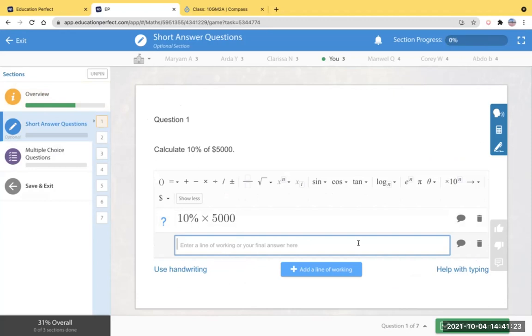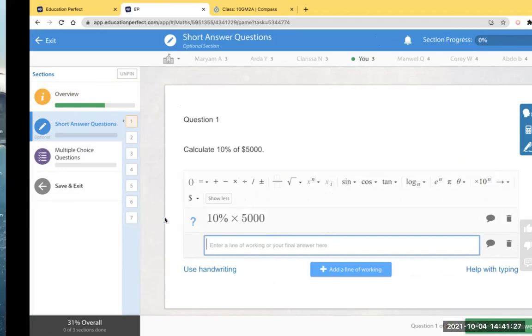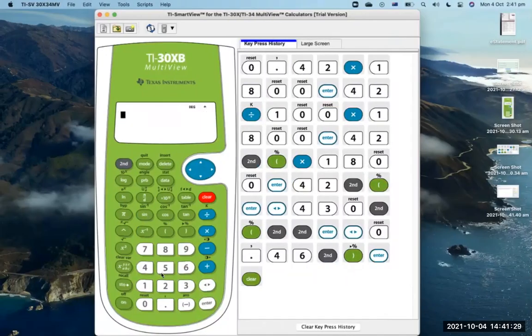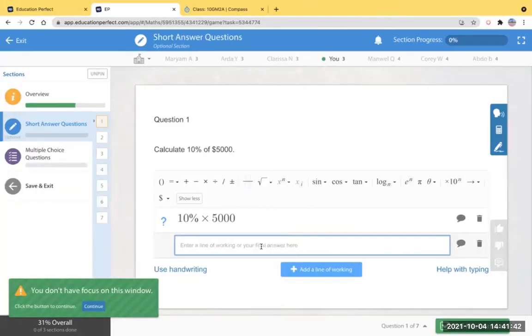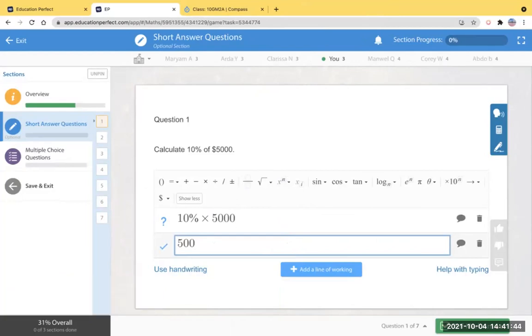Press enter. That's 500. So do we just write 500? No, we've got to put the dollar sign in front.